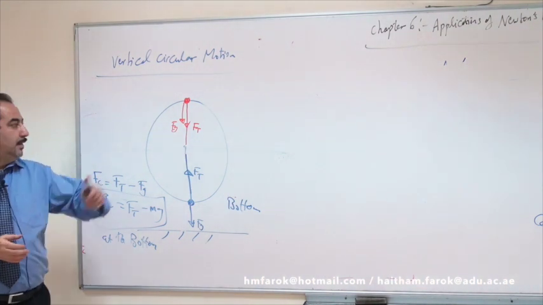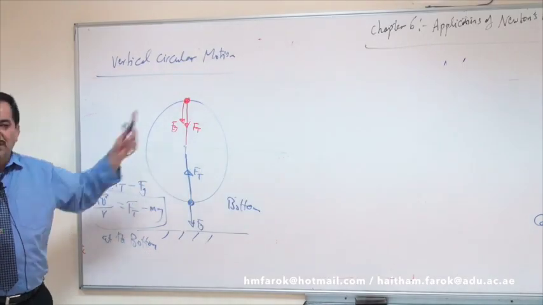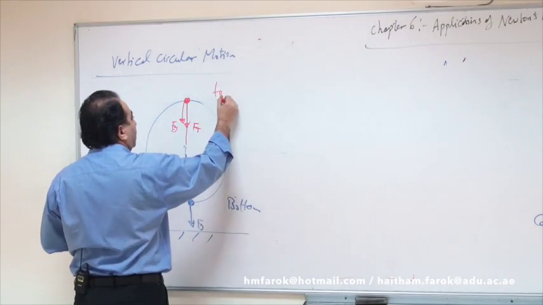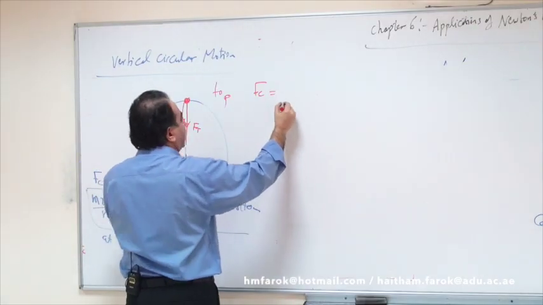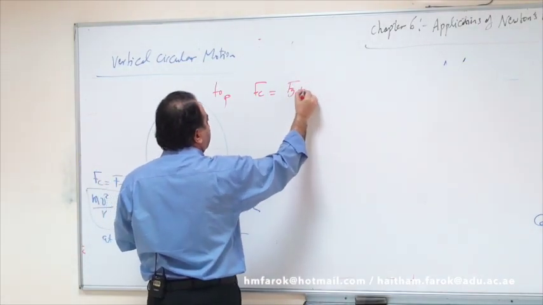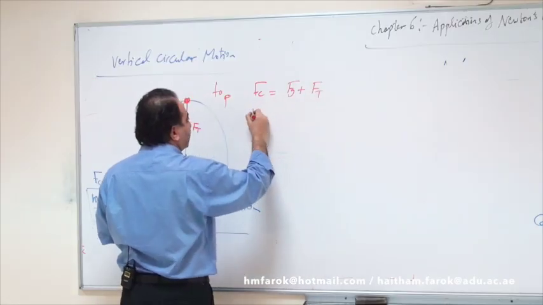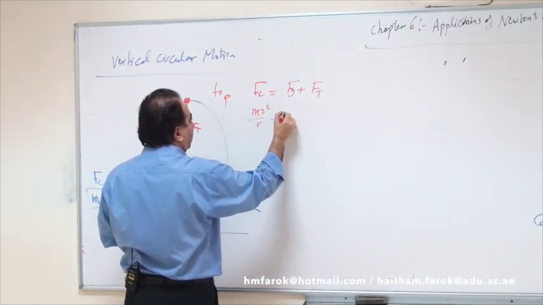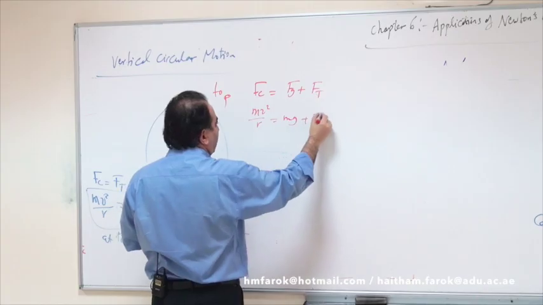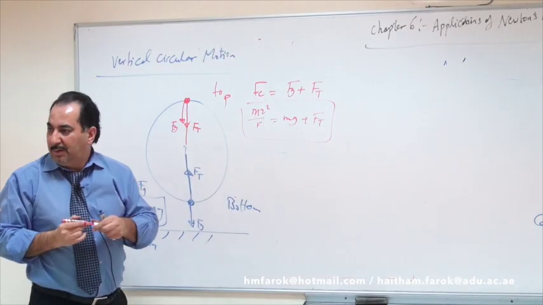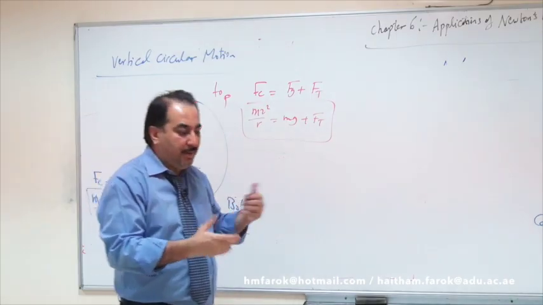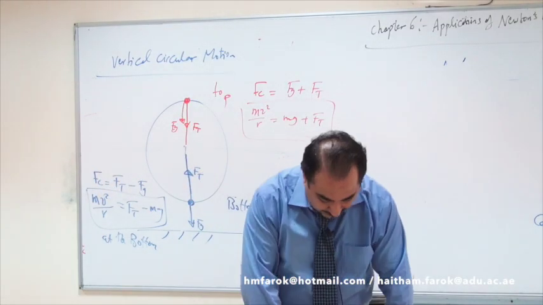Fg plus Ft. So at the top point, Fc is the summation of these two, Fg plus Ft. And Fc is mv square over r, and this is mg plus Ft. This one is for the top point only. Okay? That's it. This is an example of vertical.